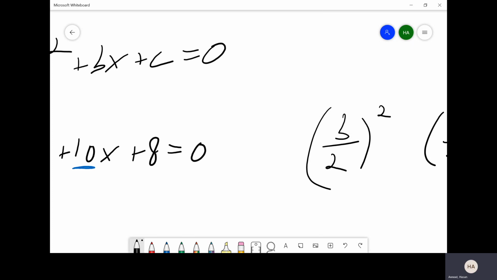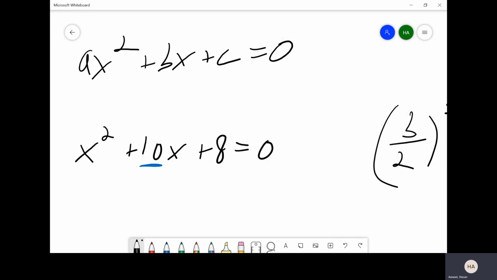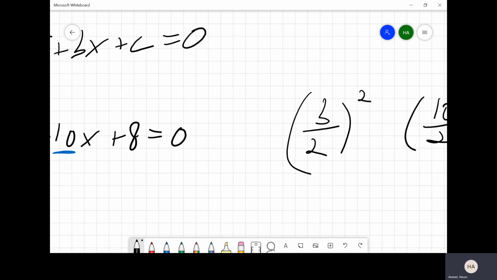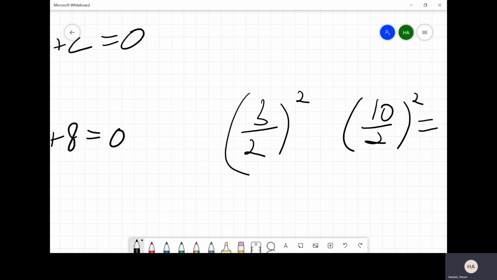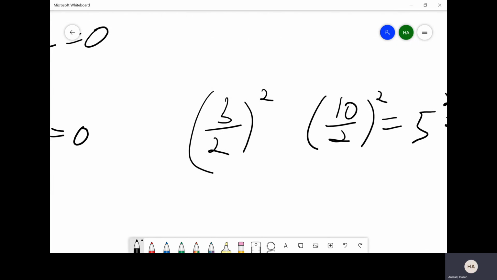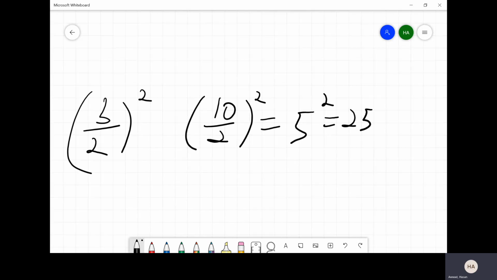And now this is a good time to stop and say, well, what happens if we had a negative 10? Luckily, this tool accounts for that. It would make sure that we still get the same result anyway. Because if we had a negative 10, we would have negative 10 divided by 2, which would give us a negative 5. But negative 5 squared is the same thing as 5 squared, right?